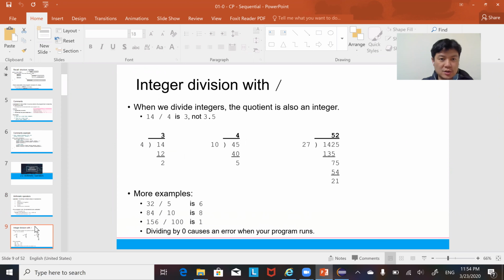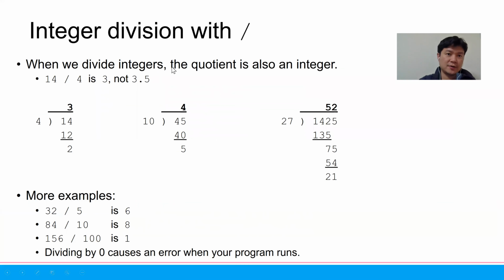But the division, if you are dealing with numbers, you will notice that there are two kinds of numbers. Okay, so first we are dealing with the integer. The integer is a number, or we can say it is a natural number.